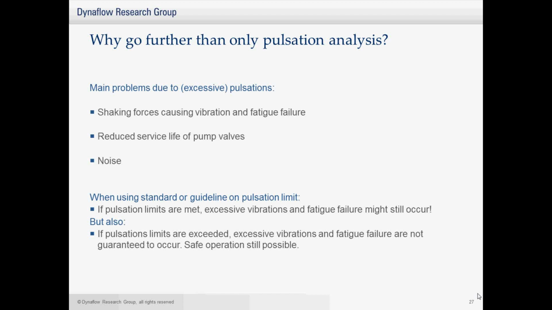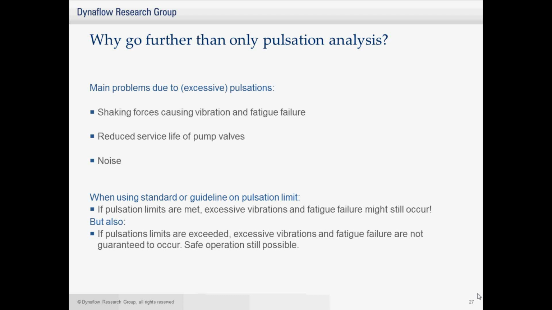But also the other way around, if you exceed the pulsation limits set by a certain guideline or standard, excessive vibrations and fatigue failure are not guaranteed to occur. So you still might have safe operations. And you can imagine if you have a very, very strong mechanical system, you can actually absorb all those pulsations without any vibrations.